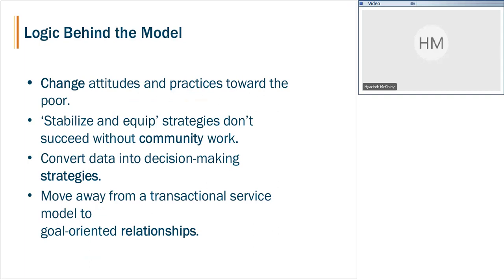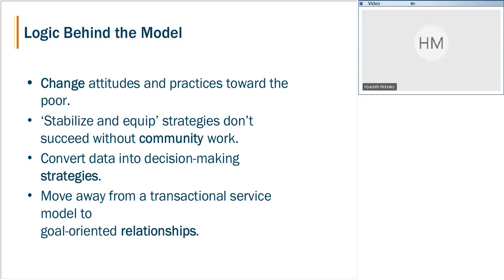We also thought we need to make sure we're sticking authentically to what we had constructed that theory of change around, when we had gone back to why we do what we do. One of the primary goals of community action is that we work to change the attitudes and the practices of communities towards the poor. And we decided on the stabilizing and equipping strategies to approach how we look at helping people equip themselves out of poverty.